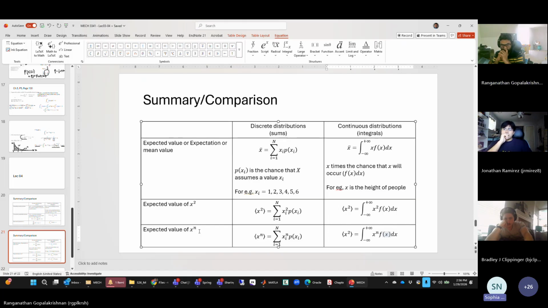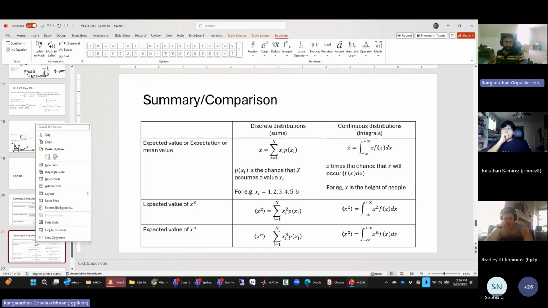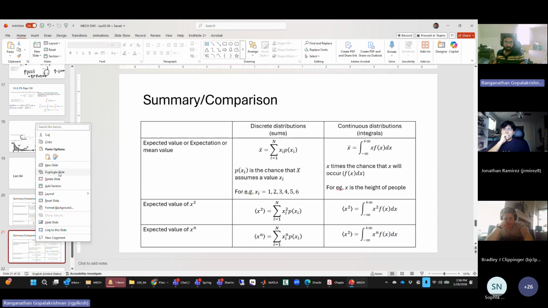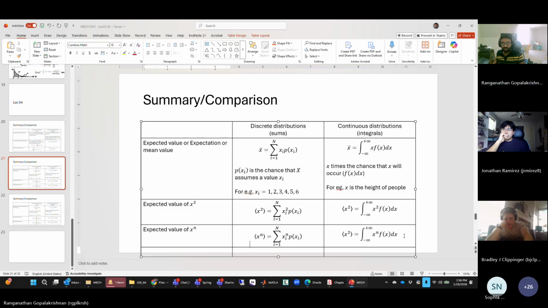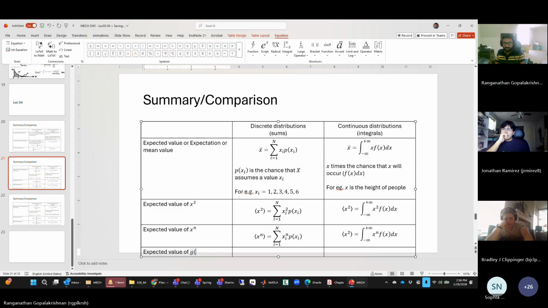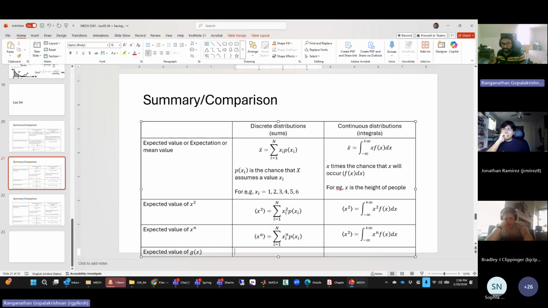Okay, thank you. Sure. So we can talk about expected value of x power n. We can also take this one step further. Actually, I'll write it here. Expected value of any function g of x. That would be the average value of g of x.